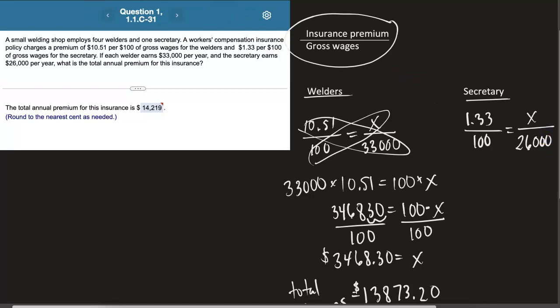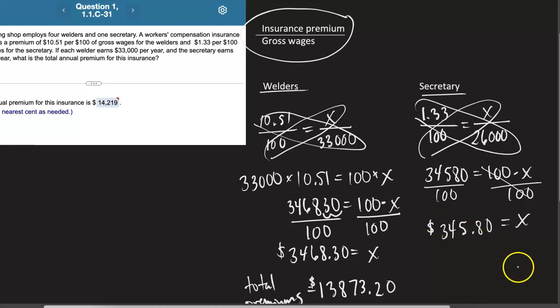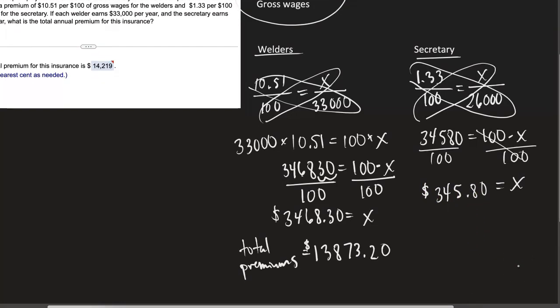And I'll solve that doing the same thing of cross multiplying. And then after cross multiplying, divide to isolate the variable. And this is the total amount for the insurance premium for the secretary. There is only one secretary, so there's no need to multiply to get a bigger amount of premiums.